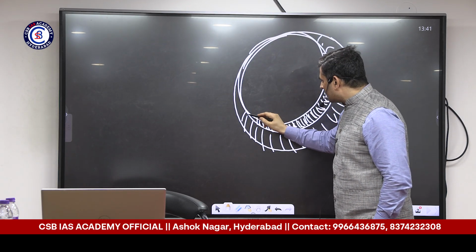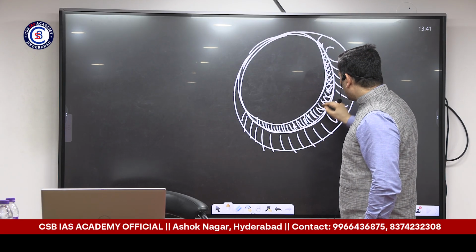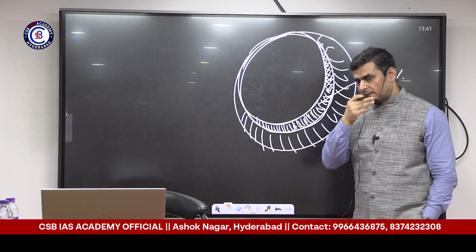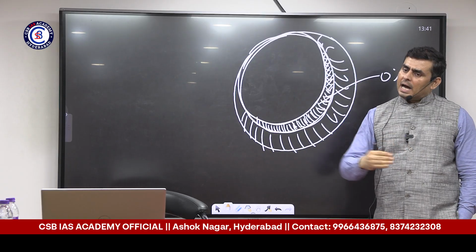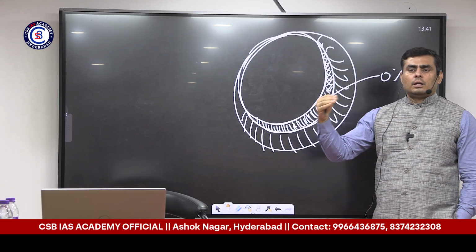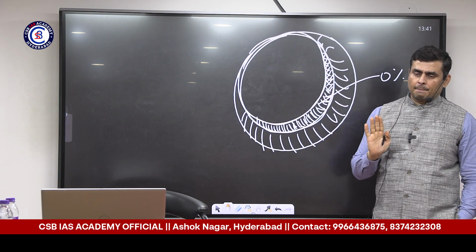So these are the goods which are under the GST, but still no GST is applicable. That is why it is 0%. Means they are in the GST. Tomorrow if the government wants 5%, 12%, 18%, 24%, the government can implement it.